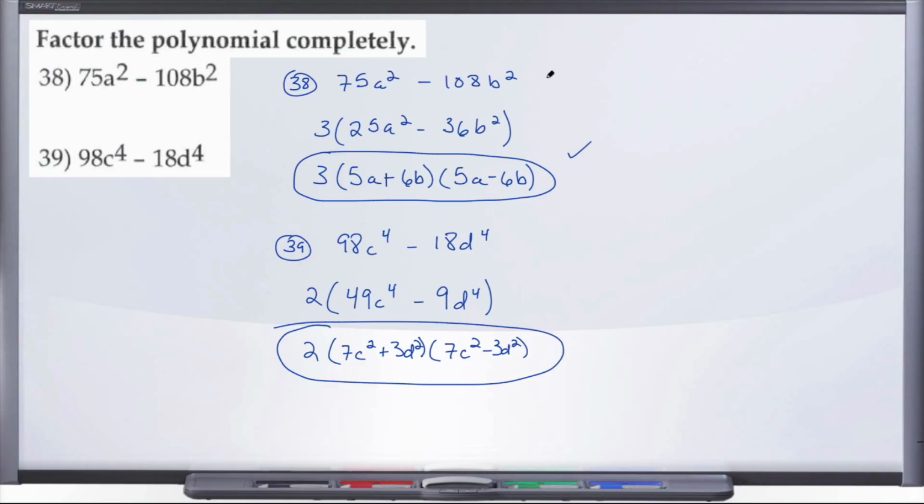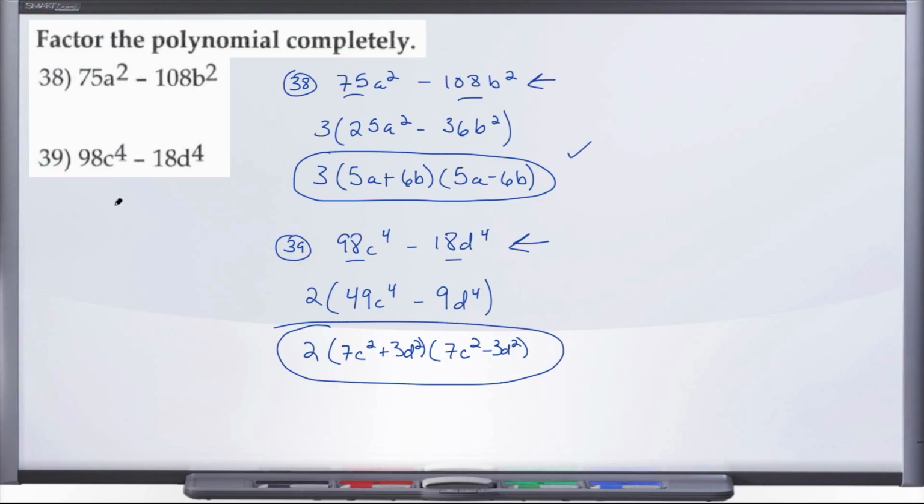Now be careful here, because did you notice right off the bat it didn't look like these were the difference of perfect squares, but that's because you have to ask yourself that question number 1, is there a GCF? And if you don't go through those sets of questions, you may not recognize this as being a difference of perfect squares, because 75, 108, 98, 18, those are not perfect square numbers, right?